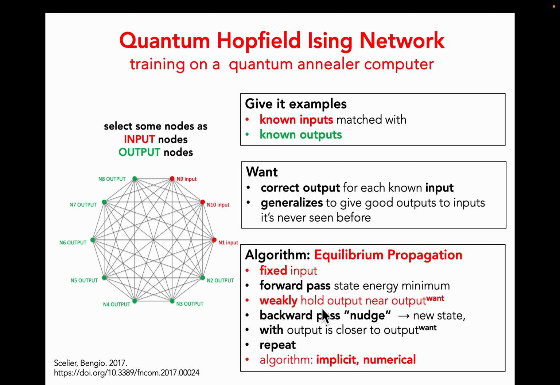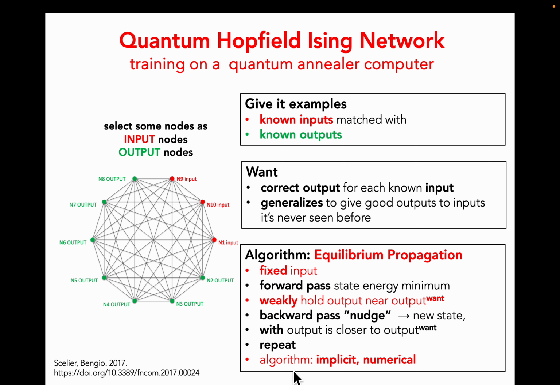Next, we weakly hold the output near where we want it to be, and we do a backward pass to nudge the system into a new state where its output will be closer to the output we want. But we can't move it too far, because everything will interact and we'll just knock the network off where we are. So we nudge it a little bit, calculate the new energy minimum, and then repeat this process multiple times.